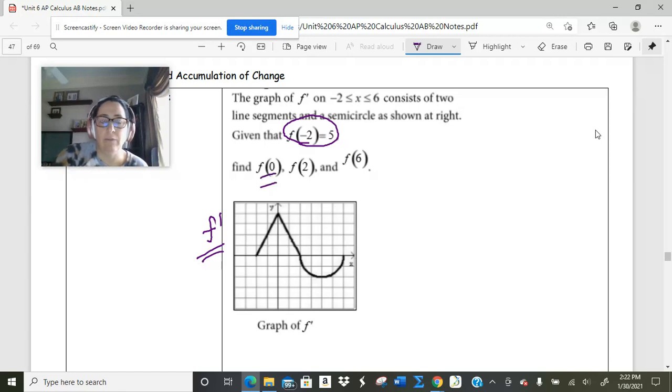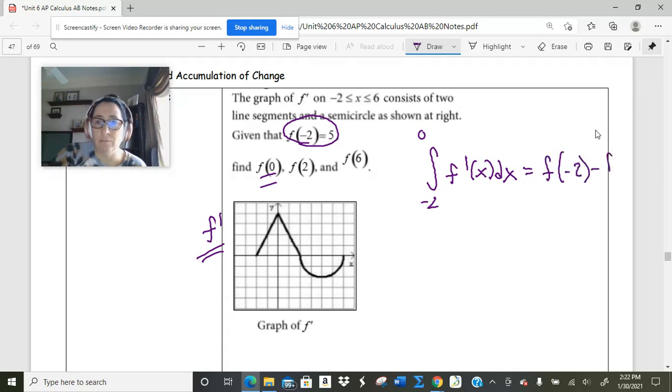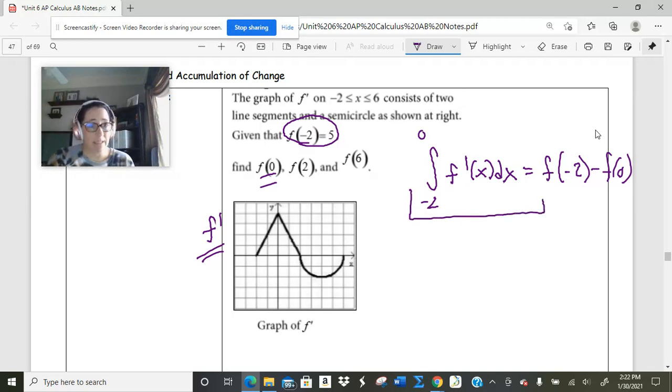And if I want to now find f of 0, I'm going to put the prime, which I don't know the function, but I know I'm looking now from -2 to 0, and I know that that's the output of -2 minus the output of 0. Now I can't put that piece in the calculator because I don't know the function. So I actually have to go find -2 to 0 on the graph, which we can do.